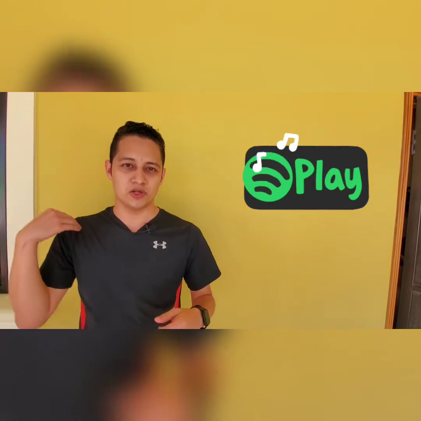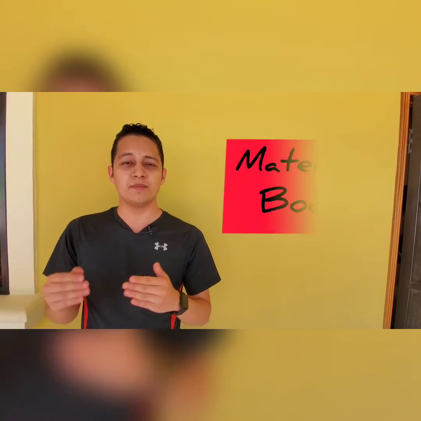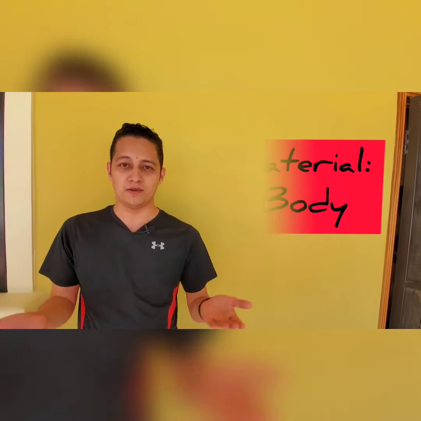Then, at the end of this activity, they are going to be singing the famous song "Head, Shoulders, Knees, and Toes" in order to show that they have understood this topic. Of course, in this case, the material is going to be the body of the students. So that is the second example.